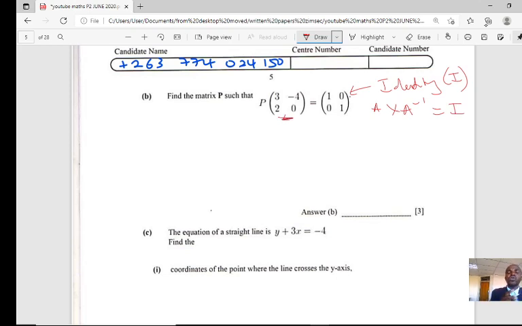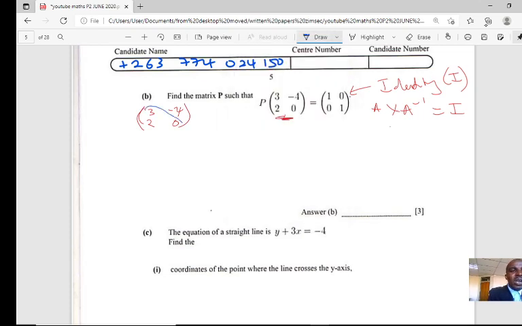So what I just have to do is to find the inverse of this matrix, 3, minus 4, 2, 0. Then the inverse of that matrix will represent the matrix P. Let me find the inverse. So first thing, to find the inverse, I have to find the determinant first. How can you find the determinant?